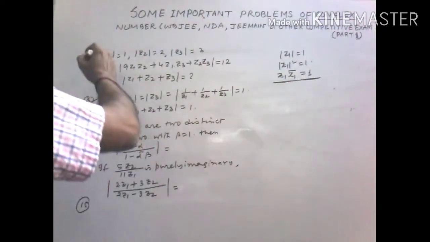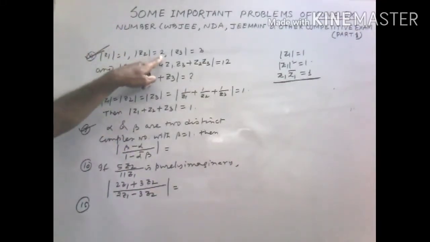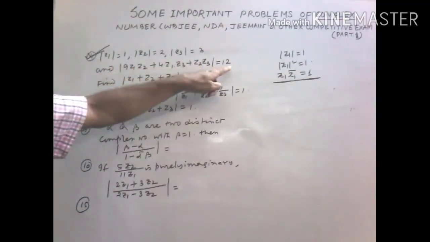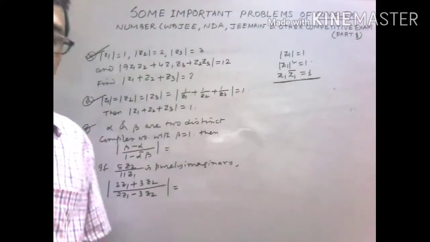So we consider problem number 4. Mod z1 equals 1, mod z2 equals 2, mod z3 equals 3, and mod of (9 z1 z2 plus 4 z1 z3 plus z2 z3) equals 12. You have to find mod of z1 plus z2 plus z3.